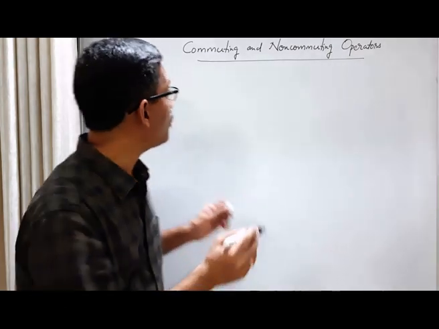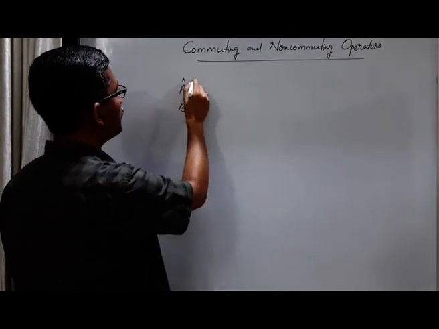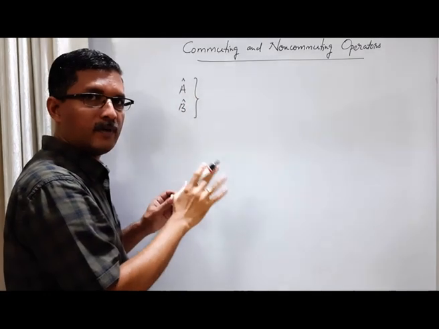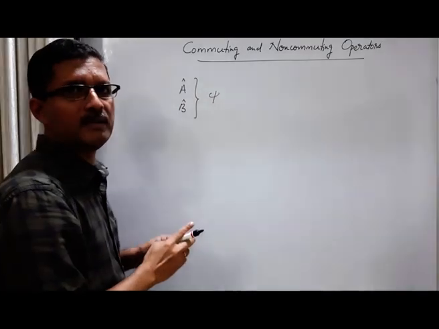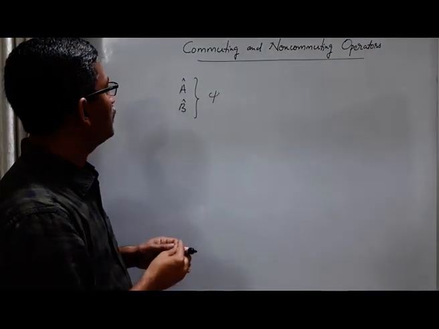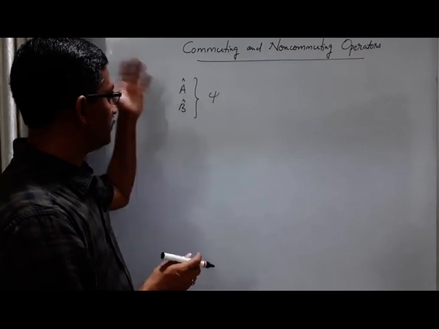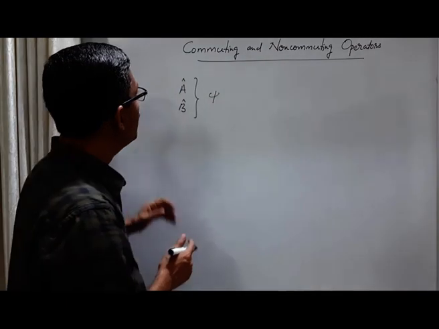Now, we know again that A and B are non-commuting operators. If psi is not an eigenstate of A and B, then they are non-commuting operators. Then the physical quantities are called incompatible variables.